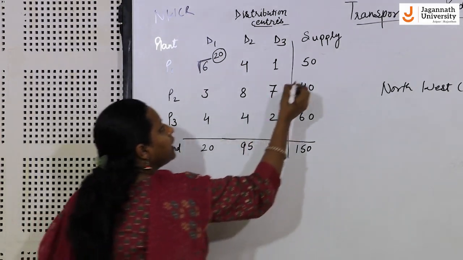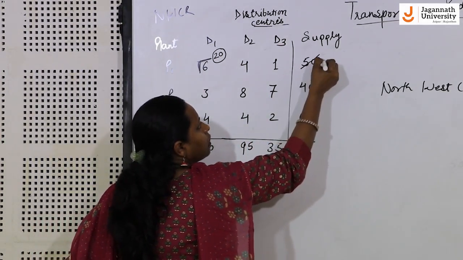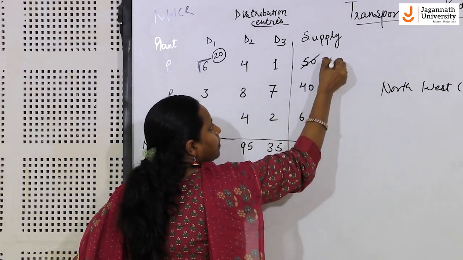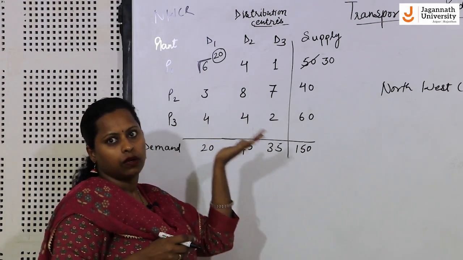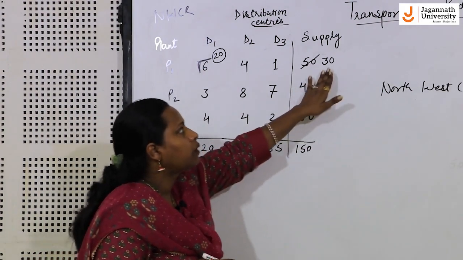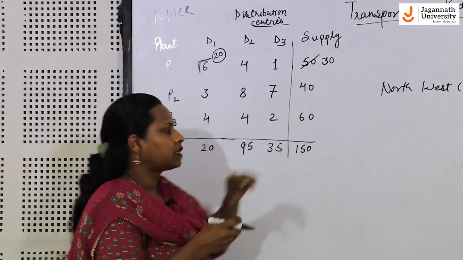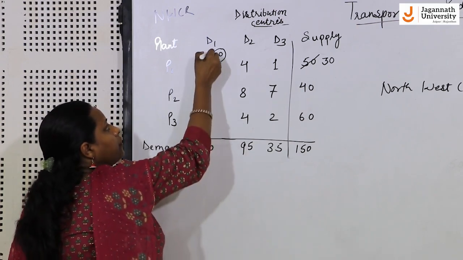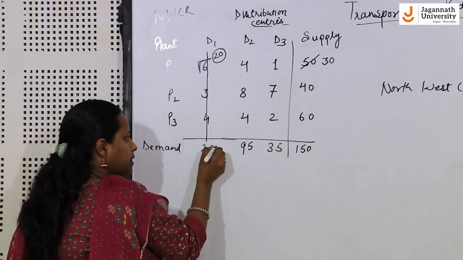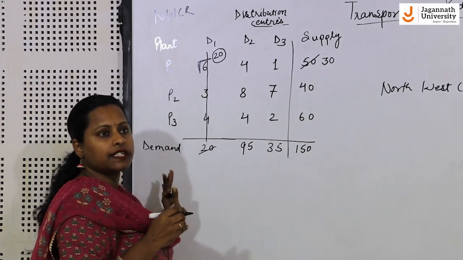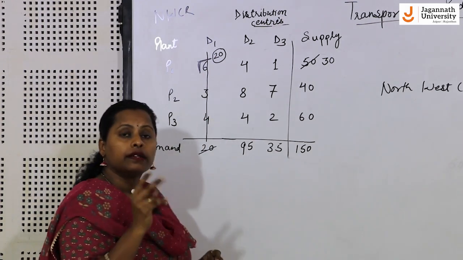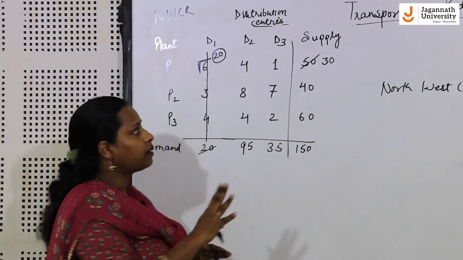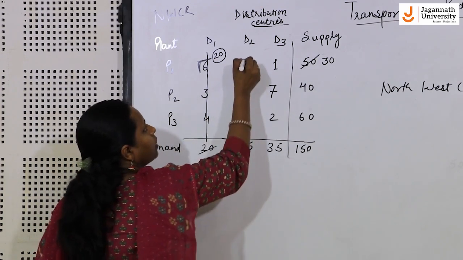Fine. Then what we will see in this row, the remaining units will be 30. Means if someone else is also requiring something, now you can provide only 30 units. Then the first column will be finished, as on this point the demand will never exist. Now the second northwest corner of the question.